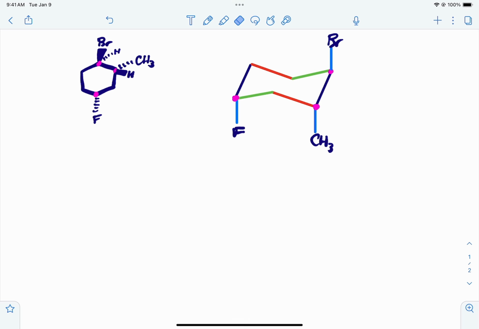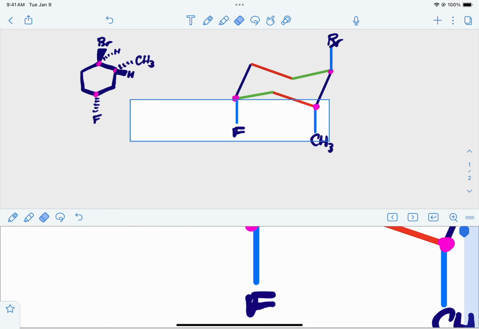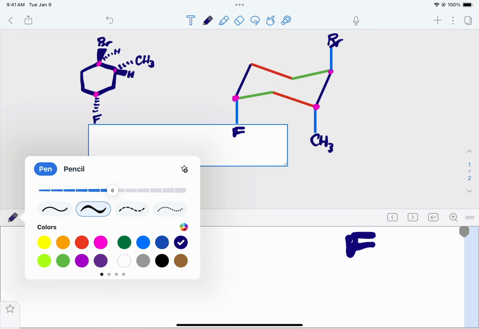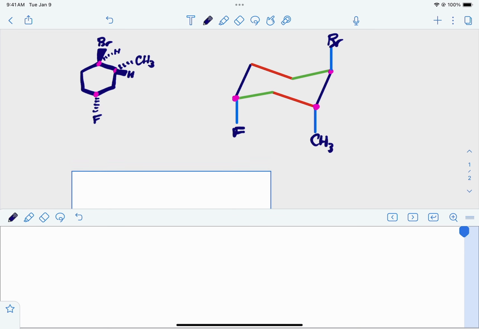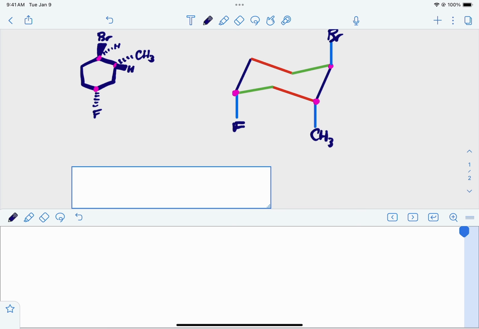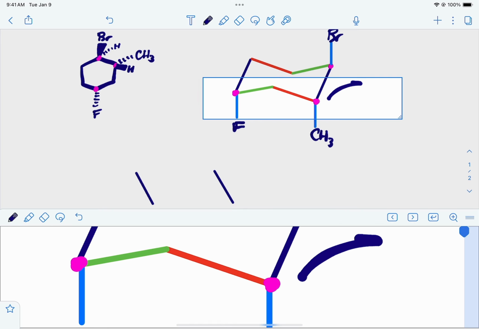And what I'll do is go through the same process, but we're going to start with our first set of parallel lines leaning the other direction. So notice that in my first chair, my dark blue set of lines was leaning this way.